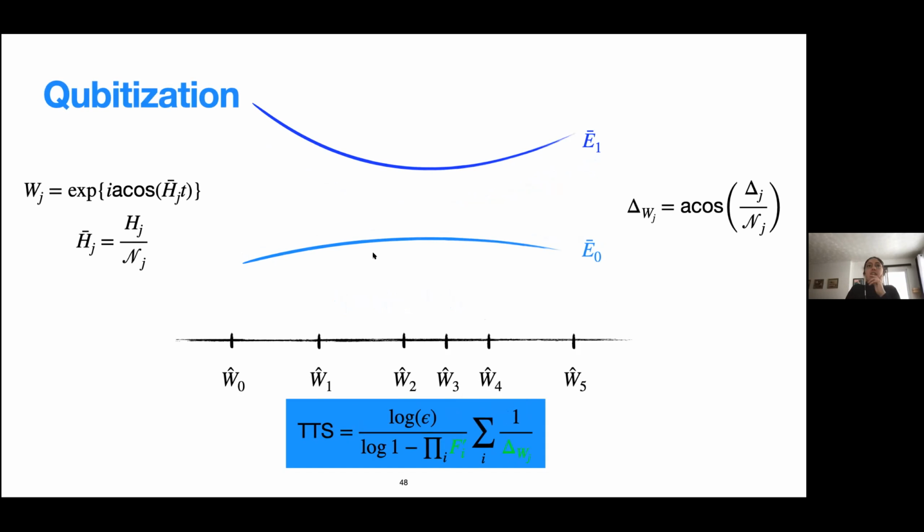Well, actually, okay, let's go into more detail here. The qubitized unitary is given by something that looks like this. It looks like the exponential of the arccos of the normalized Hamiltonian. This unitary lies in a bigger Hilbert space than our original Hamiltonian, and it's not actually a physical Hamiltonian.